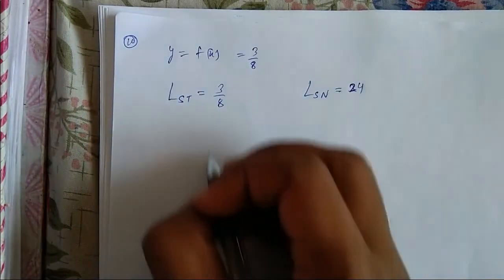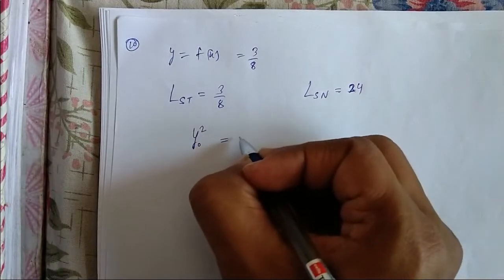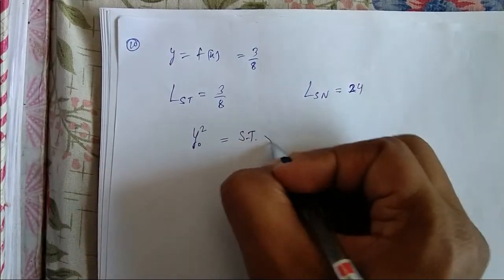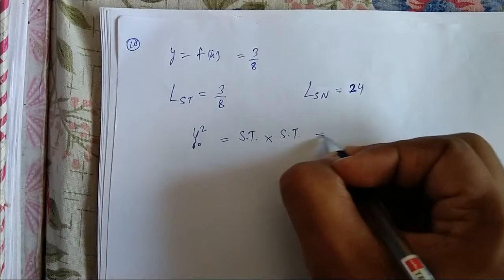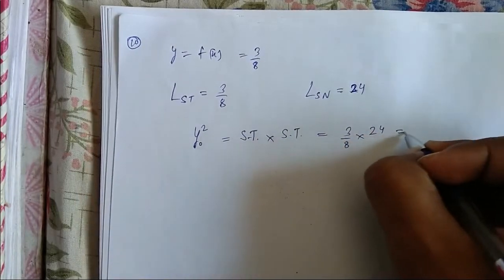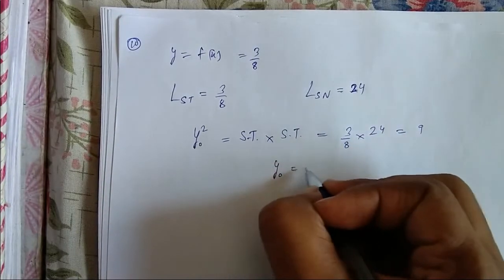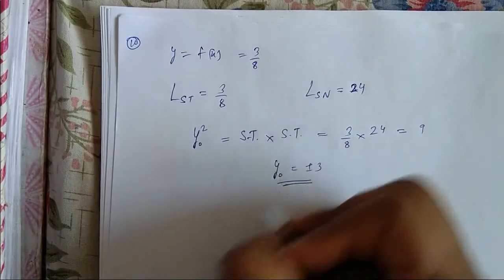We know that the ordinate square is equal to length of subtangent into length of subnormal. So we can directly obtain the value of the ordinate as plus minus 3.